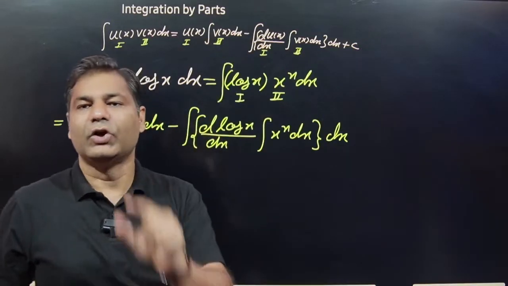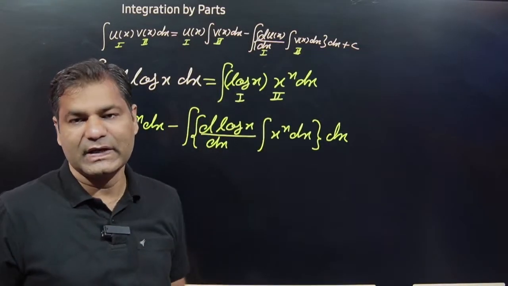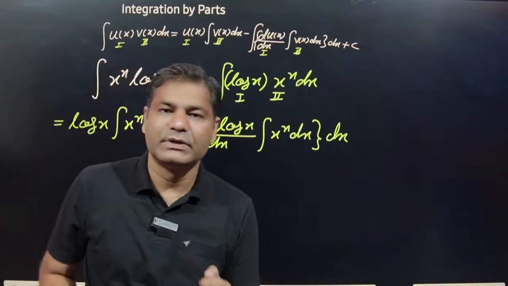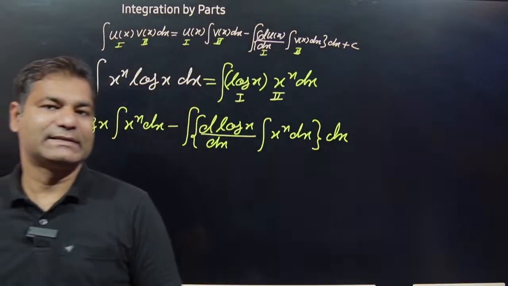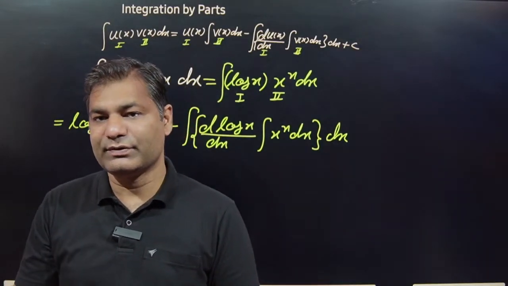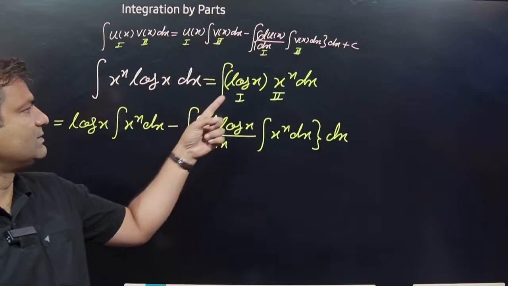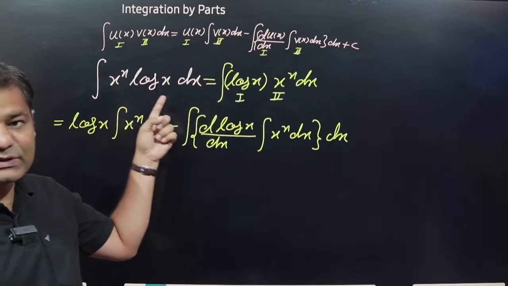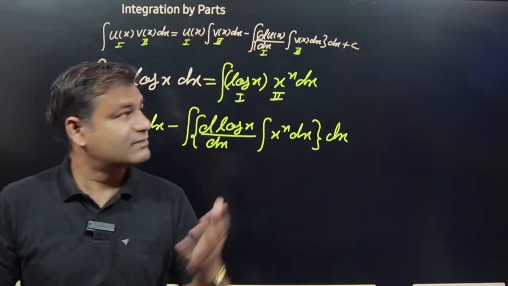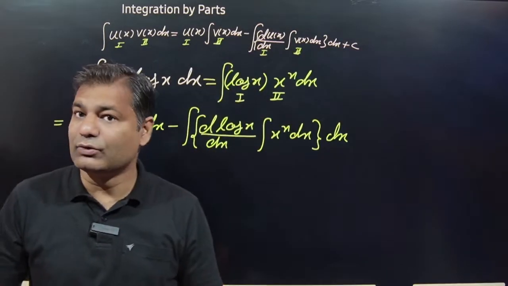So why is log x taken as the first function and x to power n as the second function? Clear or not? Because if you take log x as the second function, then if you apply this formula, first into integration of second, with first function x to power n, then first into integration of second, log x, I don't know.